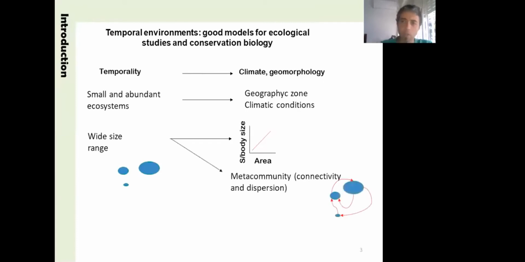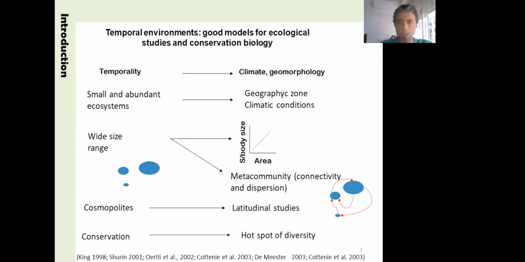And of course, they are excellent models to study metacommunities and evaluate connectivity and dispersion. They are also cosmopolitan, so they allow latitudinal studies. And finally, for conservation biology, they are very important because these systems are hotspots of diversity, particularly for zooplankton, but also for other species such as fish.